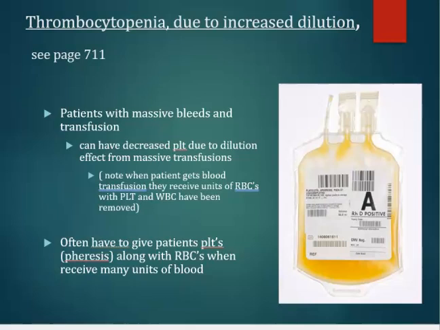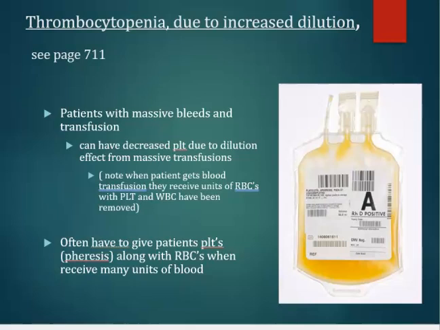Now let's talk about thrombocytopenia due to increased dilution. This is when patients have massive bleeds and they receive transfusions. They can have decreased platelets due to just overall dilution from those massive transfusions, because the blood in the transfusions they get is mainly red cells.